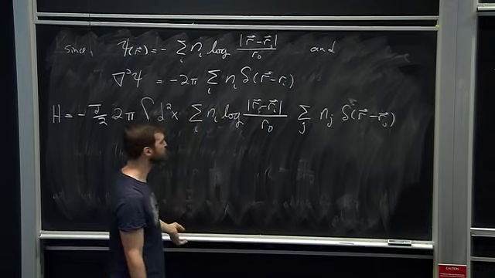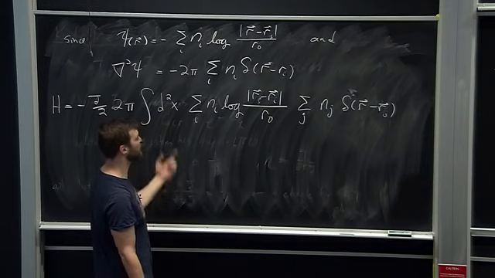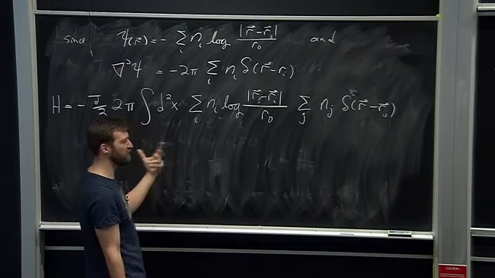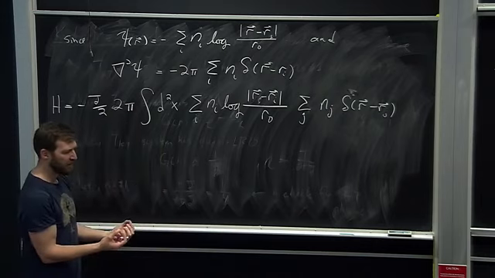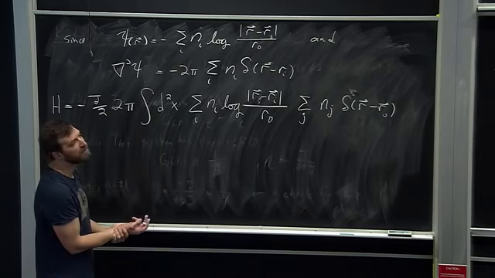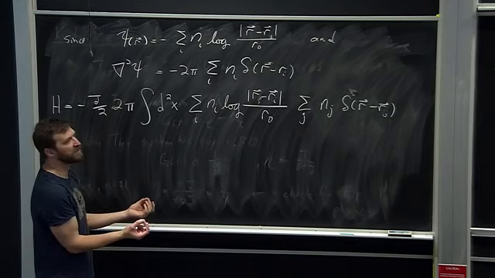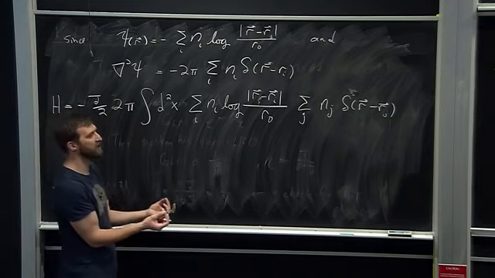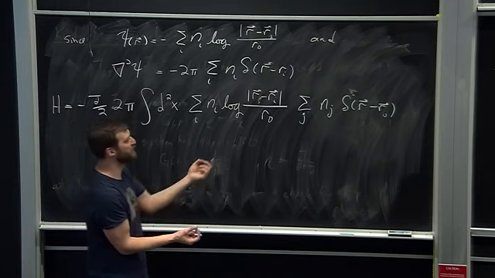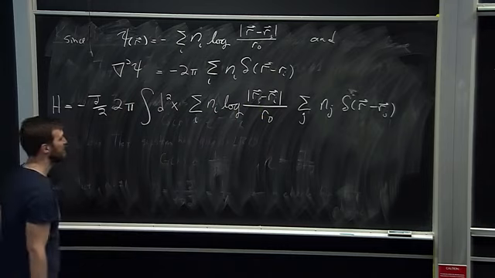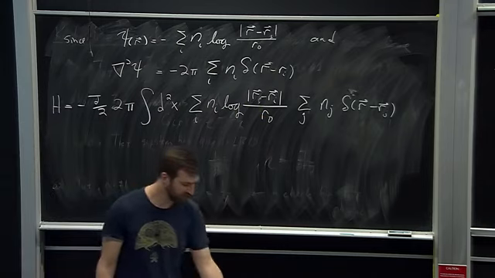And I still have 2 sums. And the only thing I have to be careful of in those 2 sums is that if both vortices, i and j, occur at exactly the same spatial position, then I've got to worry about this log of 0.